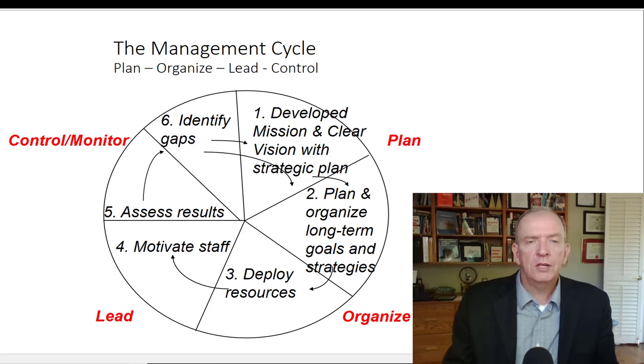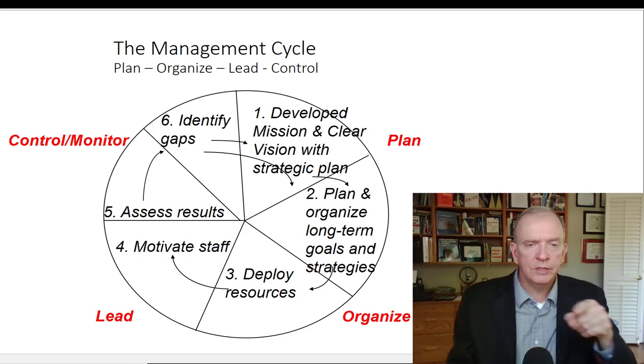You can think of this management circle as an outline that gives you a good perspective on how a business operates. We're going to be looking at different models that businesses use, and this is one of many. This is the classic model, where you have on the outline parts of the circle: plan, organize, lead, control, and monitor, and it goes in a circle.